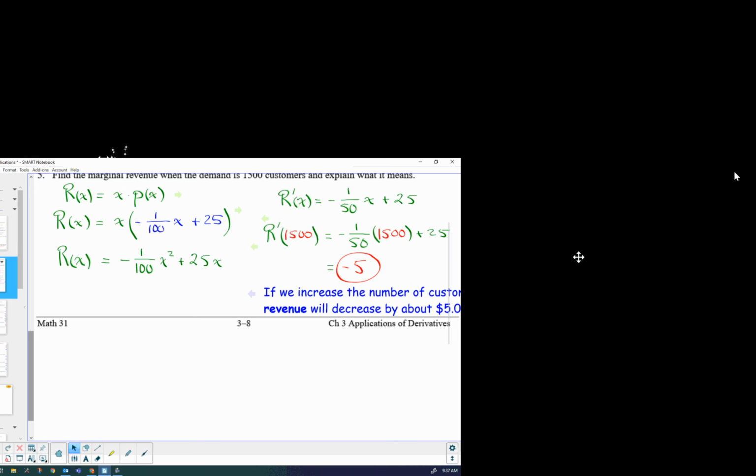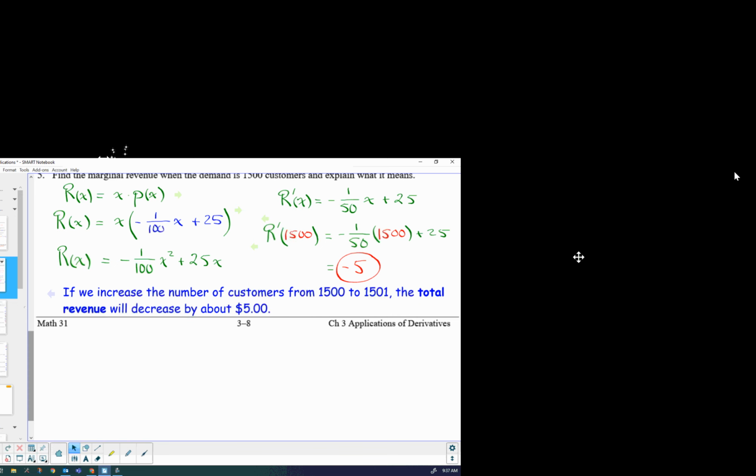Yeah. So here's how I put it into words. If we increase the number of customers from 1,500 to 1,501, the total revenue will decrease by about $5. The maximum is when we have marginal revenue of 0.